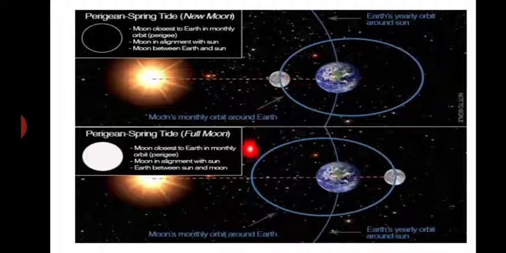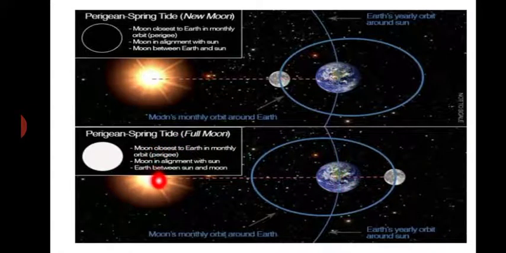So this is the closest path between the earth and sun, and the moon is almost closest to the earth. Next, the moon is closest to earth in its monthly orbit, with the moon in alignment with the sun, and the earth between sun and moon. So here we can see the earth is in between the moon and sun.